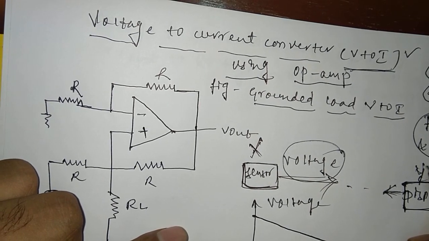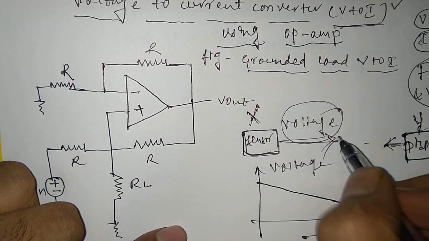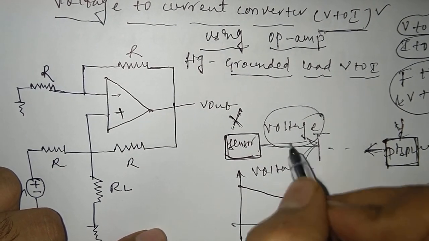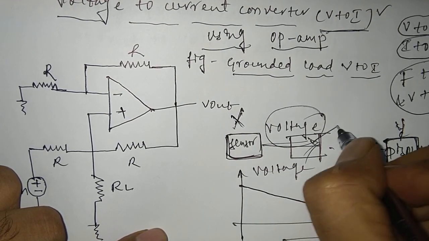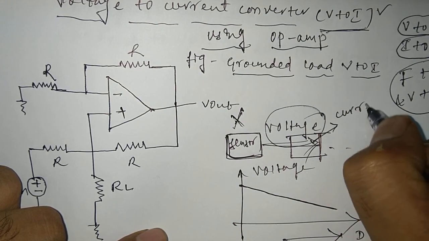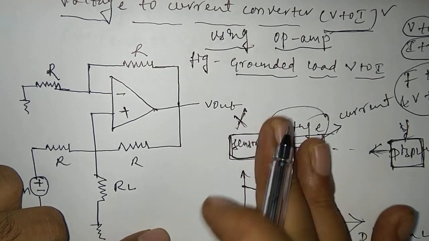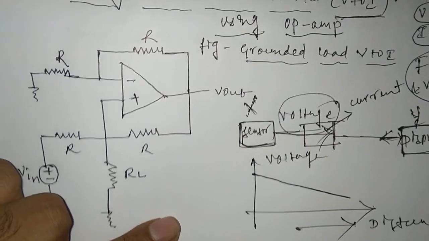To avoid this problem, it's better to convert the voltage, say for example right here, into current. You have converted voltage into current, then transmit it to the display. What is the advantage of this?